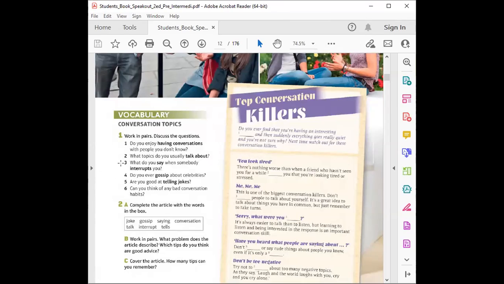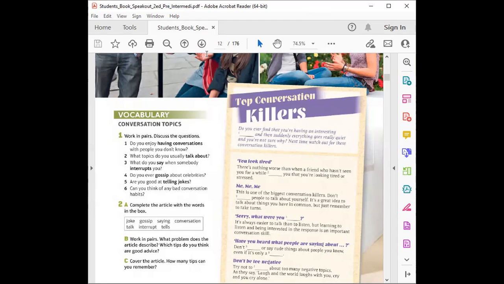So what topics do you usually talk about? What we have done in the day. Oh, okay. What you're doing during the day. Maybe religious topics as well. Maybe something like what you did at school. So, what do you say when someone interrupts you?